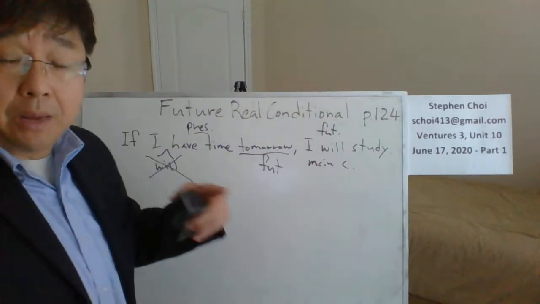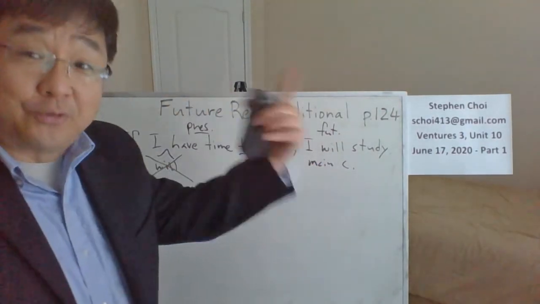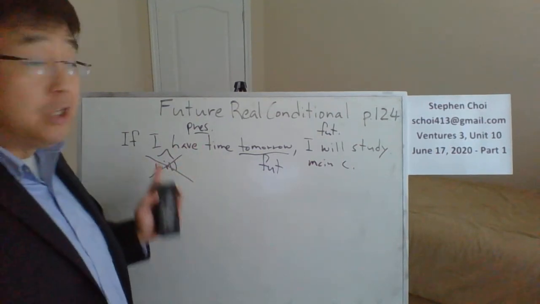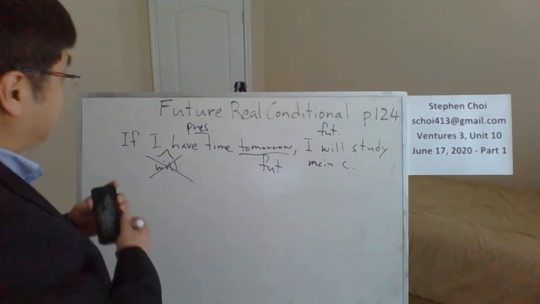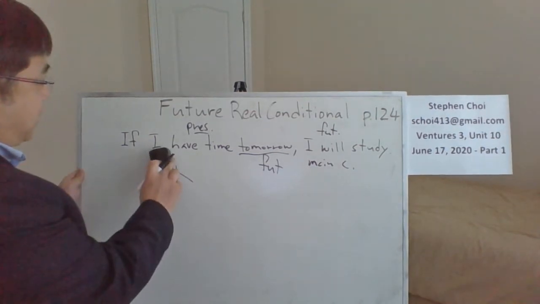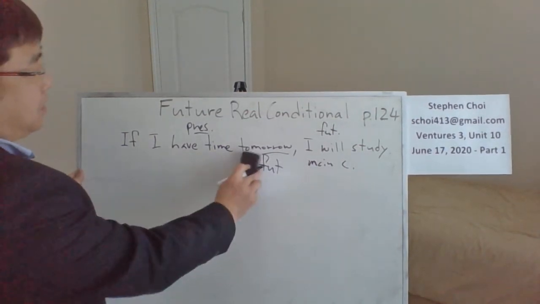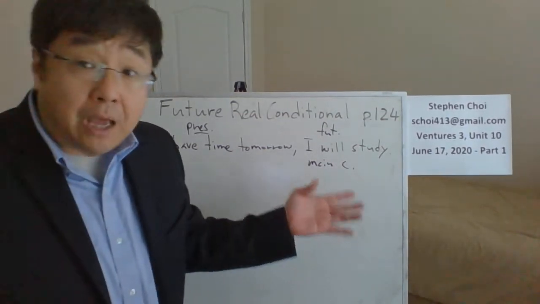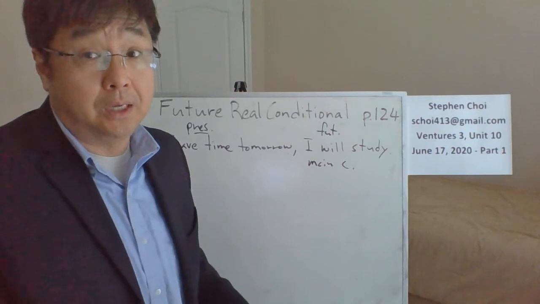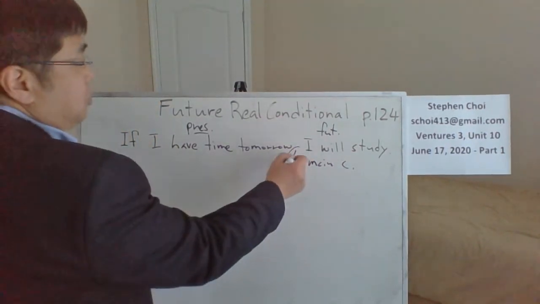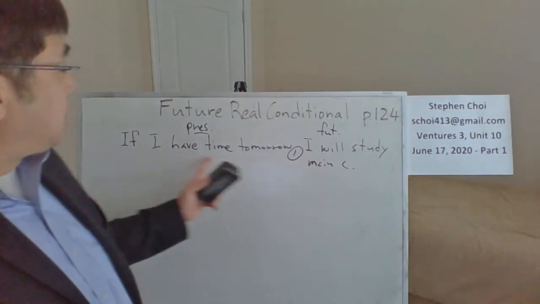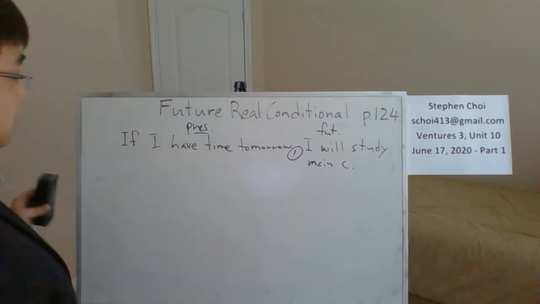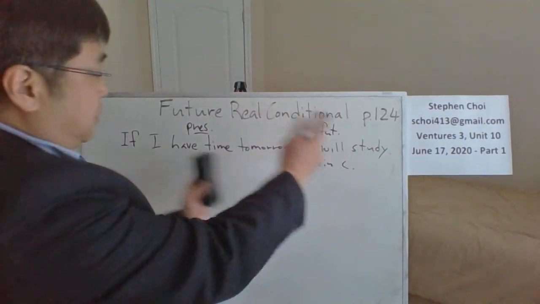So we would think you have to use will, but we don't. That's the special rule you've got to remember. We just say if I have time tomorrow, I will study. And remember, you put a comma right there when you start with the dependent clause, or the conditional clause in this case.